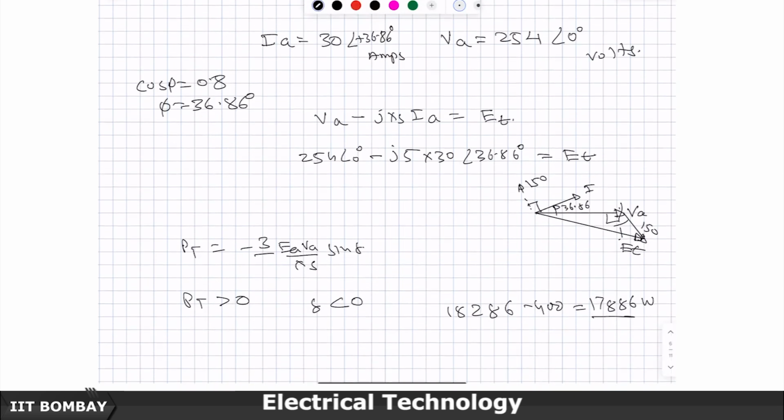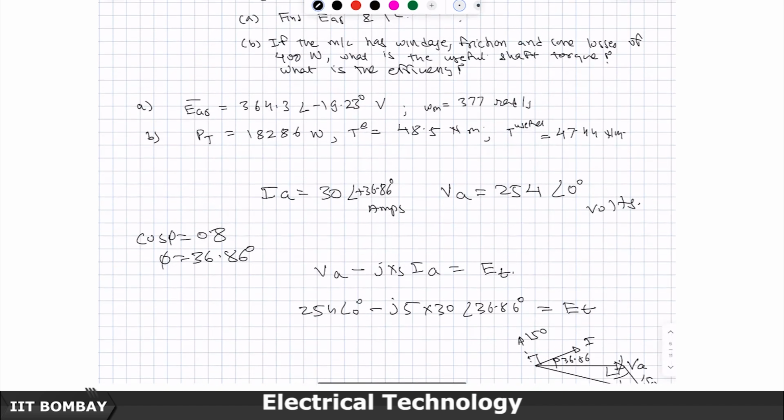If this is only available for doing useful work, divide this by 377, the synchronous speed of the machine, and you get a number which is 47.44 Newton meter, which is the useful shaft torque.